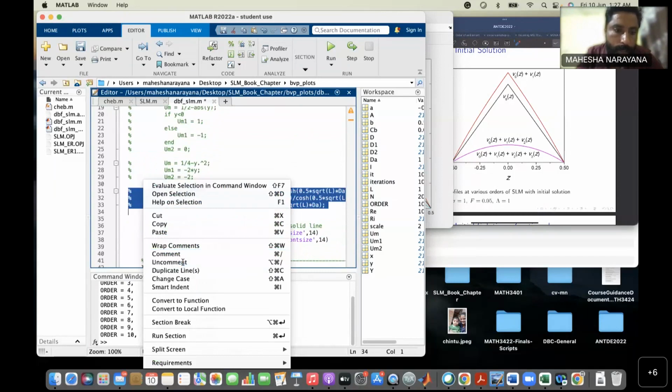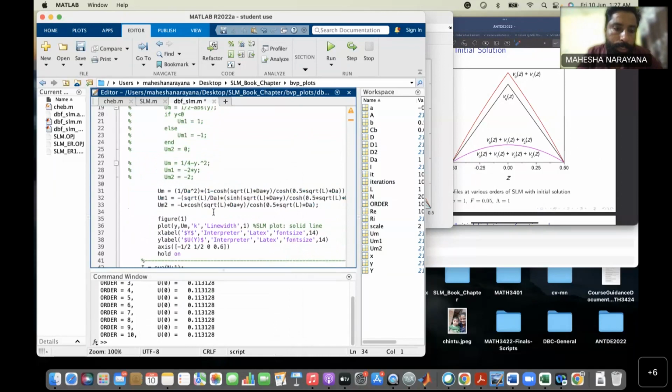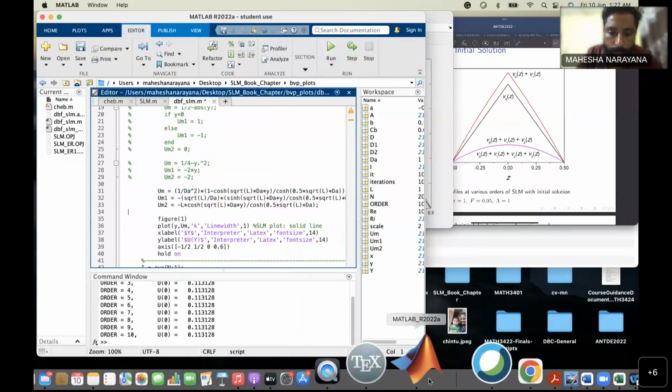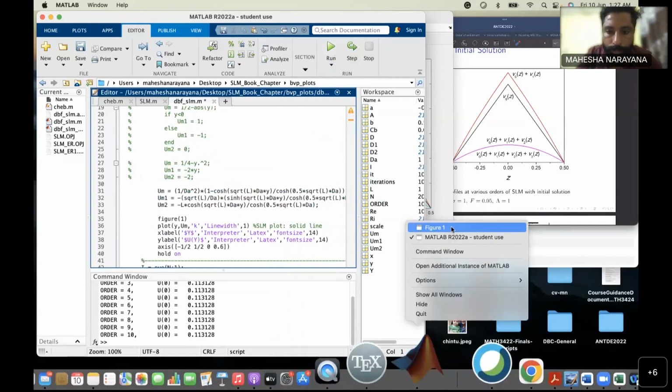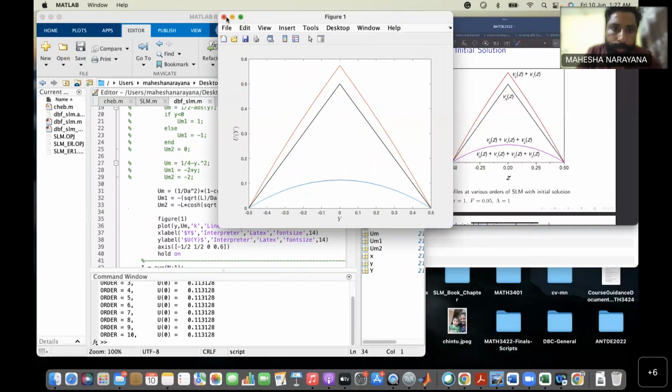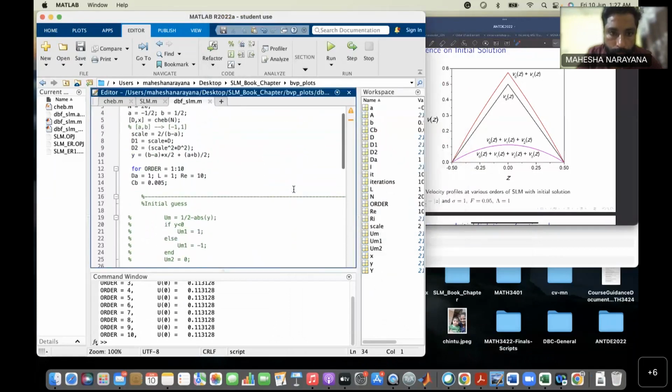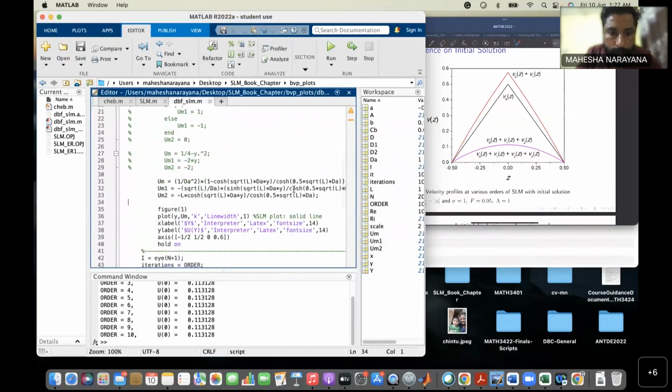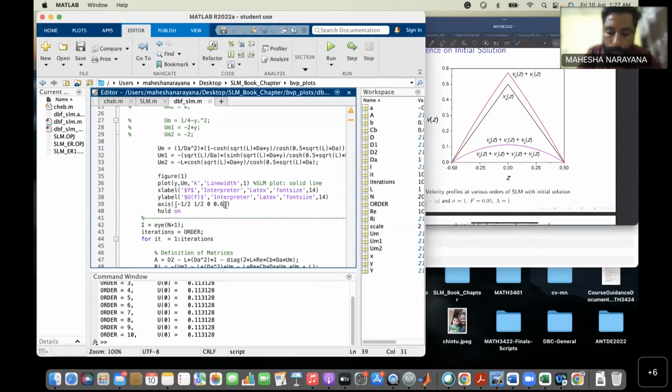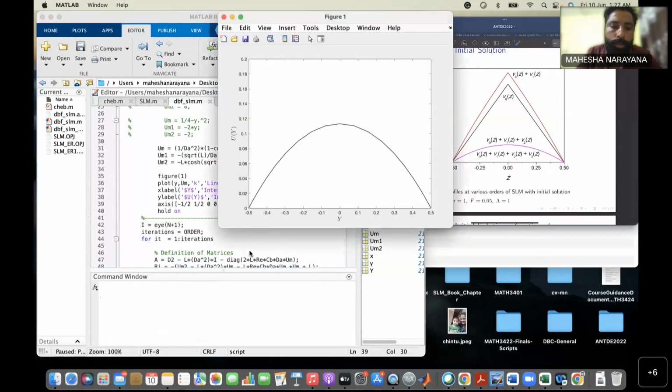Let me close this figure and change the axis. This is the initial approximation, which comes from this particular function.